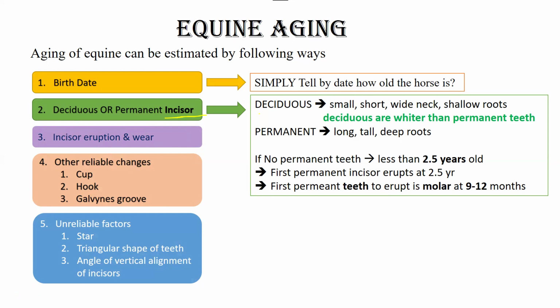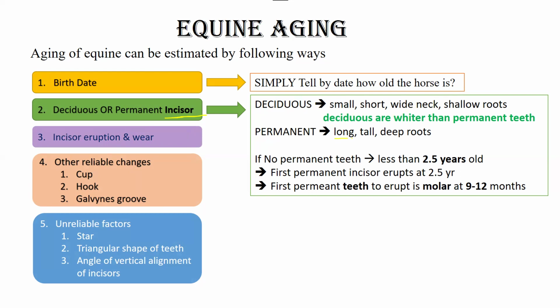How will we approach this? If you see the teeth are deciduous, how can you tell? They will be small and short, with wide necks and shallow roots. How can you differentiate them from the permanent ones?